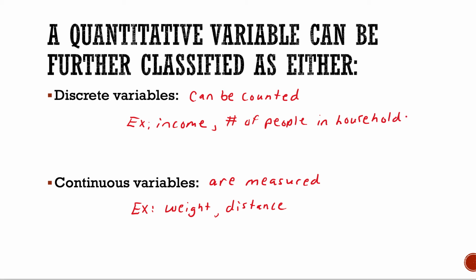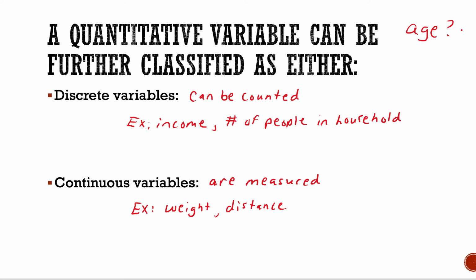The only one that we haven't really talked about that we've already added as an example is age. The reason that I left age off for a minute is that age is often a variable that students will argue both discrete and continuous with me. Some students say that it's discrete because we count the years that we've been alive, and other people claim it's continuous because we measure time with maybe a stopwatch or a calendar, so time is measured.